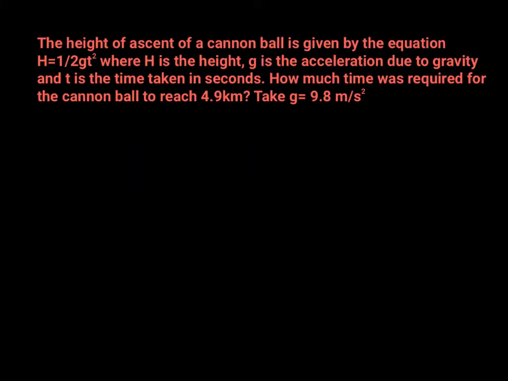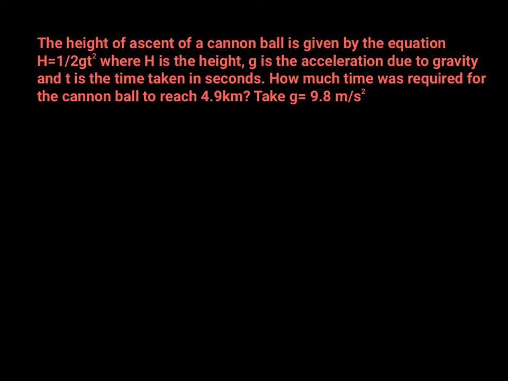The height of ascent of a cannonball is given by the equation h is equal to half g t squared, where h is the height, g is the acceleration due to gravity, and t is the time taken in seconds. How much time was required for the cannonball to reach 4.9 kilometers?